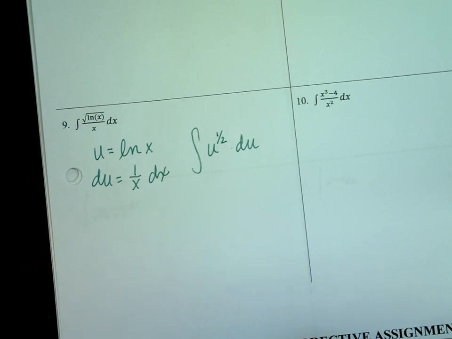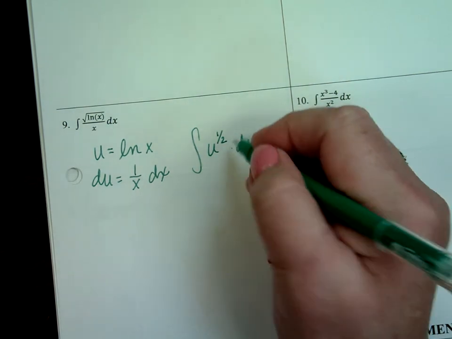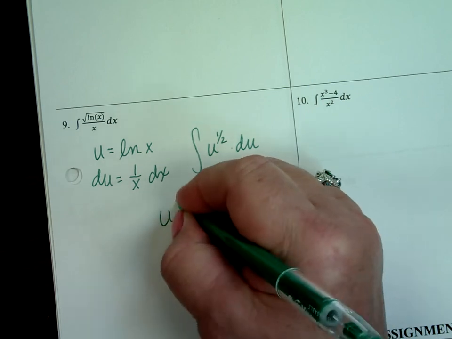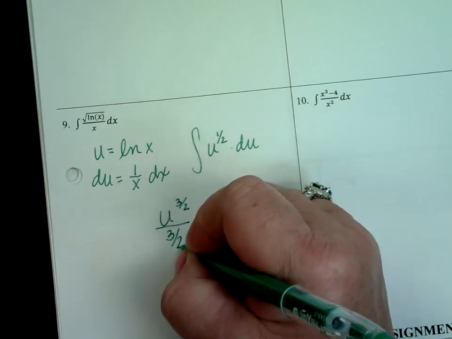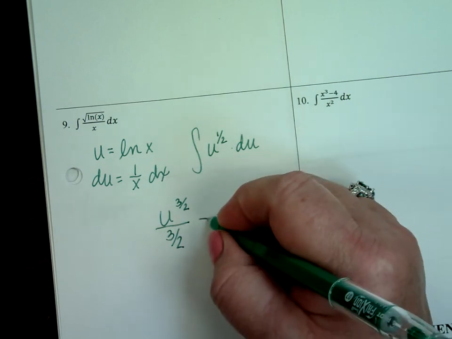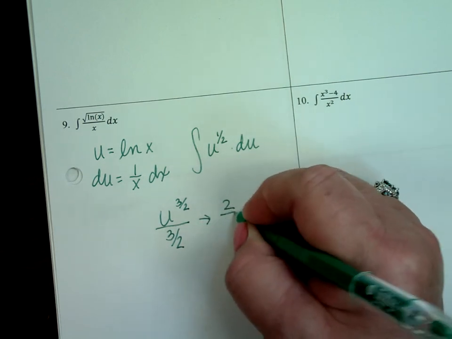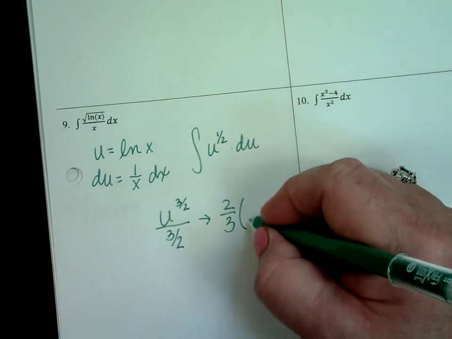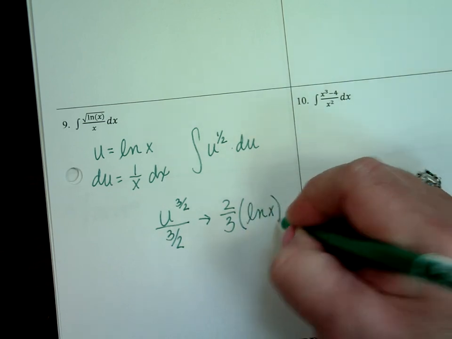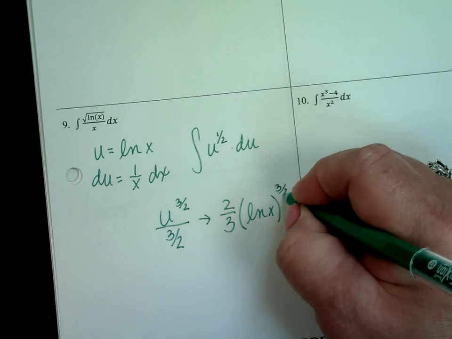You would think that's so complicated, and it turns out to be so pretty. So I'm adding a power on, u to the 3/2, and I'm dividing by that power of 3/2. Remember how that changes it to a 2/3. So my final answer is going to be 2/3 of the ln of x, my u, to the 3/2 power plus a c.